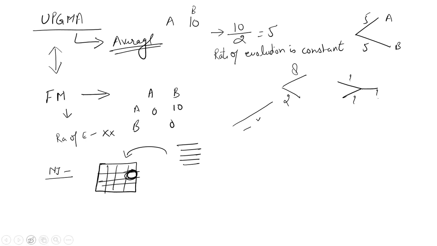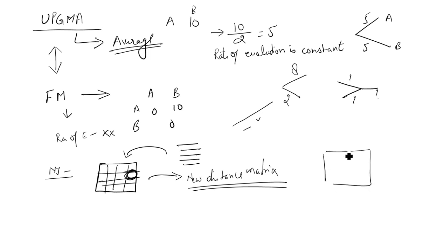But the neighbor joining method says no, this is not the nearest value. You first construct a new distance matrix. How we do that I'll show you when I solve the numerical. And from that matrix, you need to find the smallest value. So that is the difference between all these three methods.